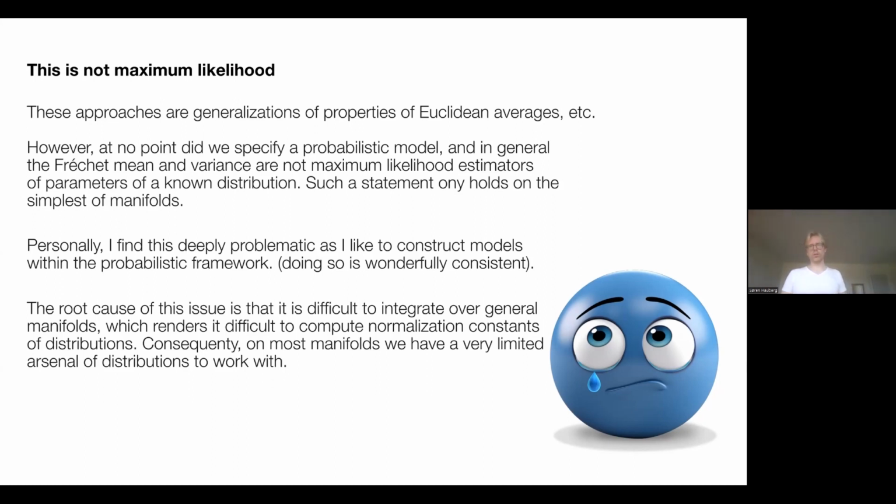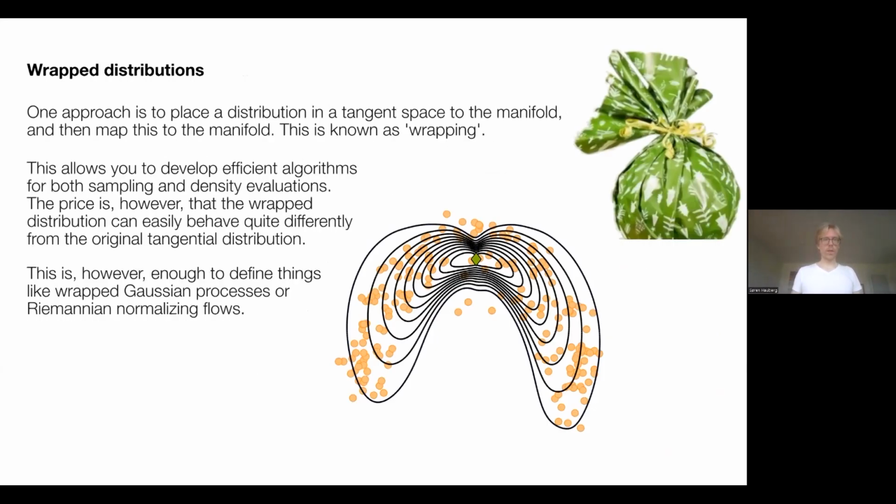We almost always never have access to normalization constants of distributions. So this is a big issue, and all of this is because integration is more difficult on manifolds.